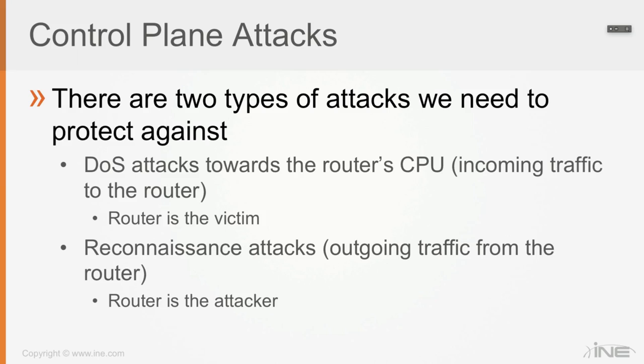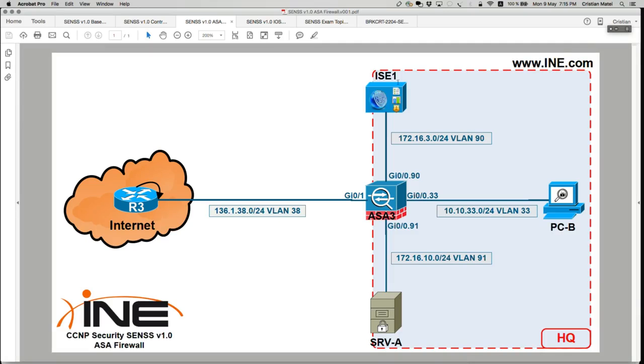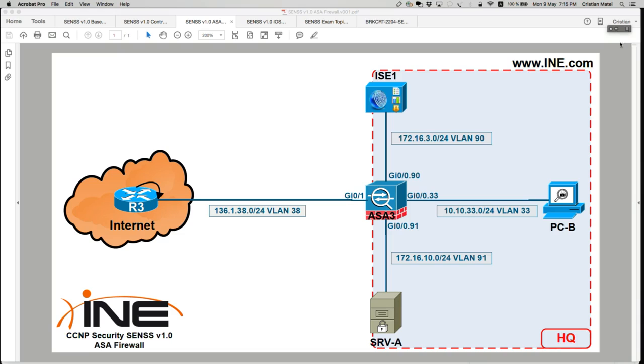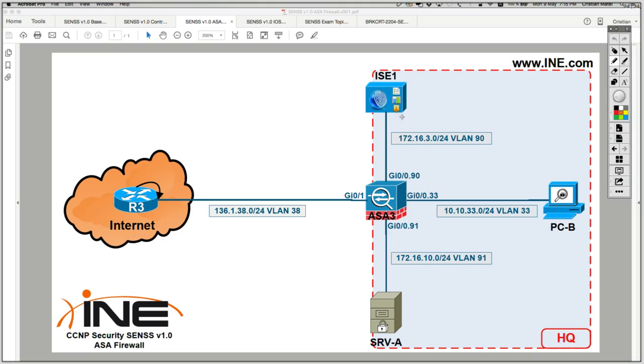Now, one such use case, for example, is the following. Imagine that we have somebody, an attacker. Doesn't matter if it's from the inside network or from the internet. And what the attacker does, it sends, let's say, telnet sessions.